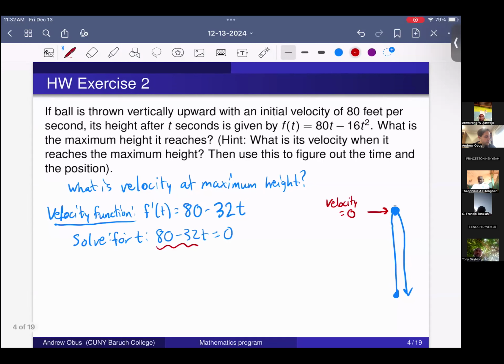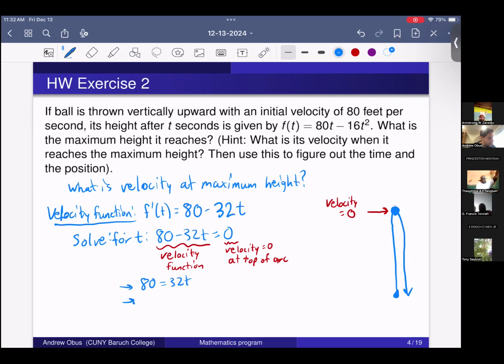So what's the solution there? You will have 32t equal negative 80. Then you divide both sides by 32. Great. Or we can move the 32t to the other side. We get 80 equals 32t.